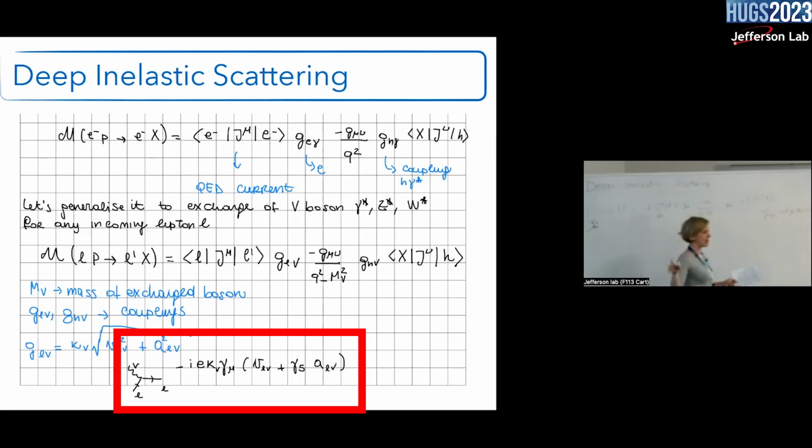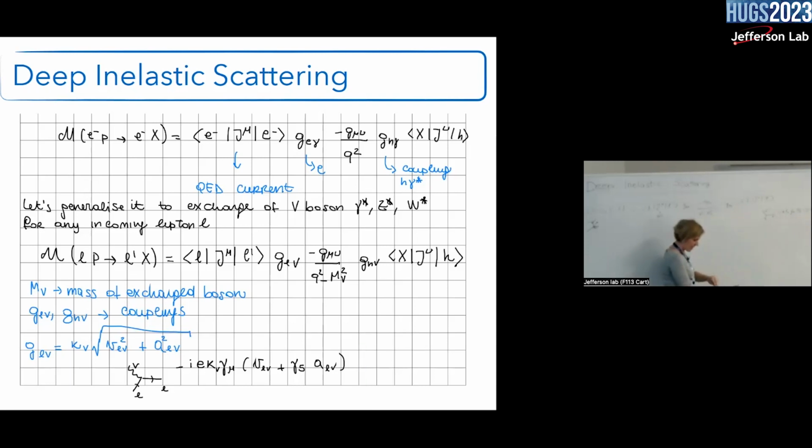And then you have a table in my slides where you say exactly what is V and A for the W and the Z, but okay. For the photon, you know that there is no axial coupling, it's just V, which is equal to 1, okay? Very good.